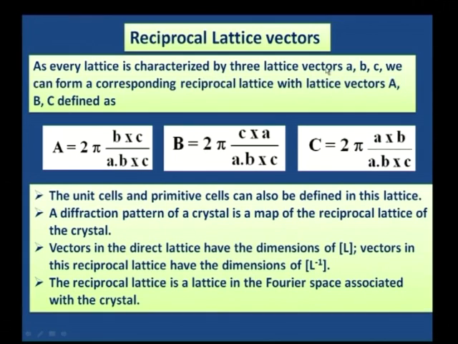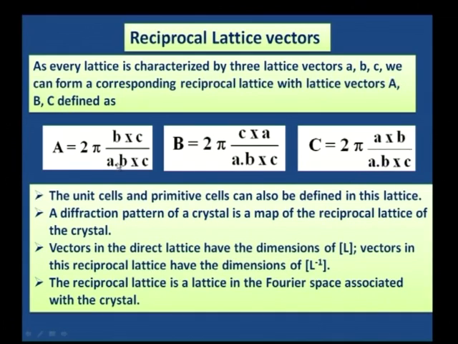The reciprocal lattice vectors A, B, C are defined from the unit vectors in the direct lattice. Let me repeat: if a, b, c are the primitive translation vectors in the direct lattice, then you can define the primitive translation vectors in the reciprocal lattice, capital A, capital B, capital C. You have a cyclic relation: A is equal to 2 pi times b cross c, B is 2 pi times c cross a, C is 2 pi times a cross b.